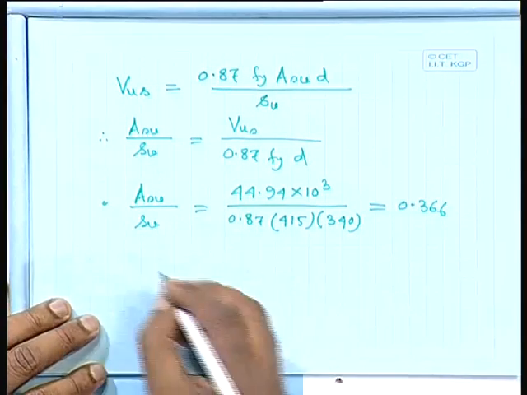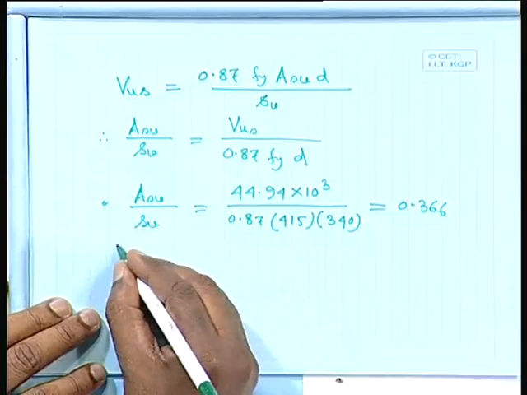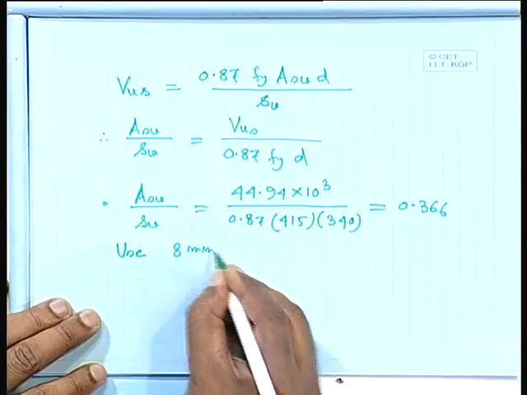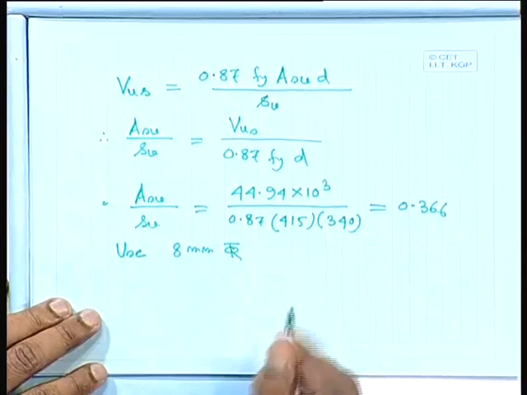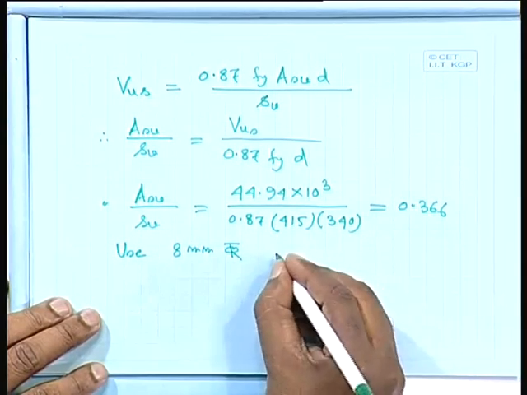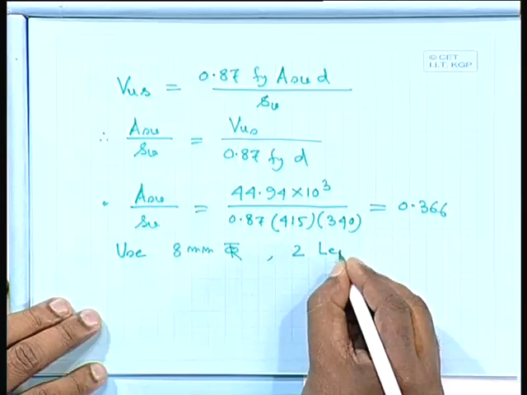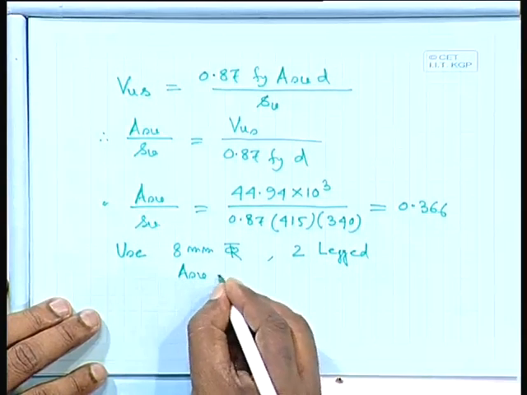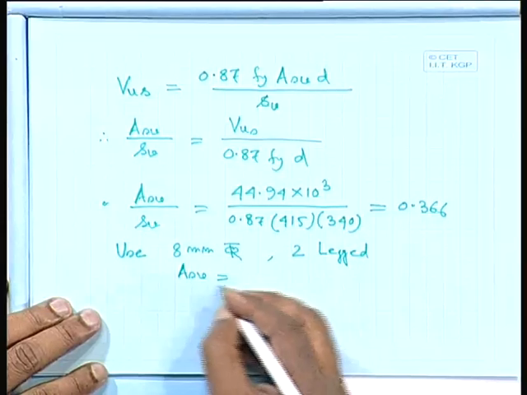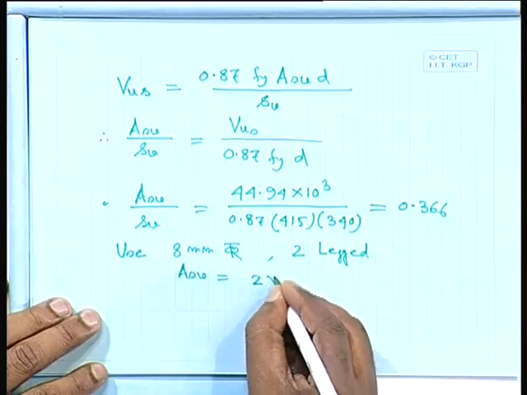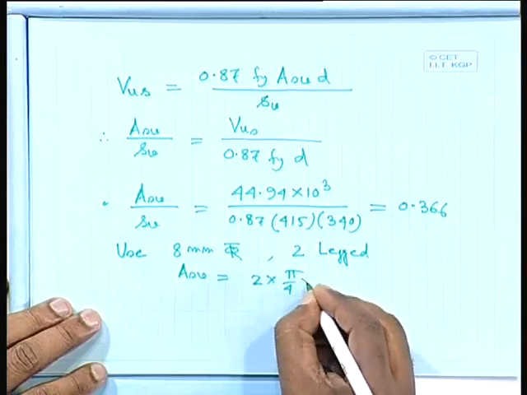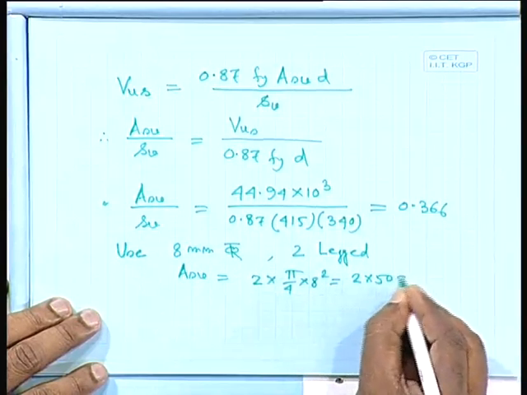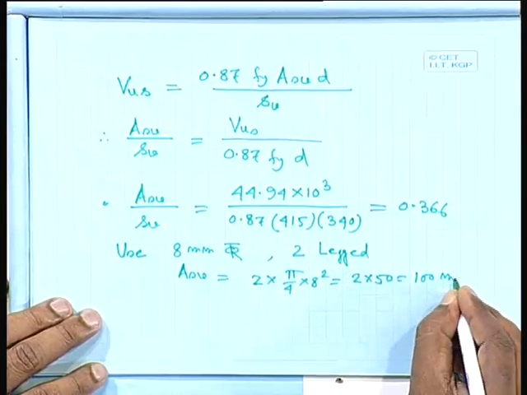Let us use 8 mm Tor, and we shall use two-legged stirrups. Therefore, ASV equals 2 into 50, equal to 100 square millimeter.